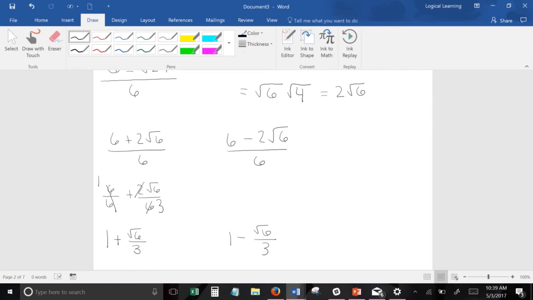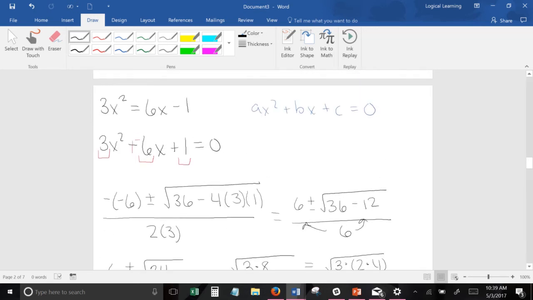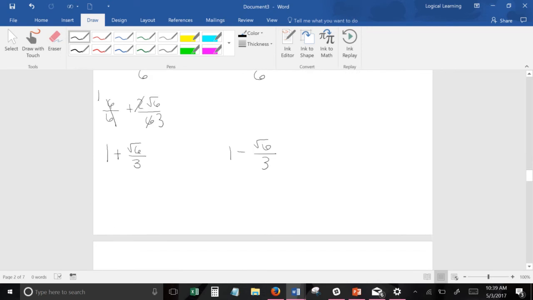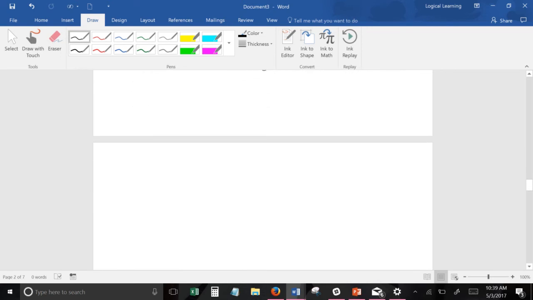Now, when we have complicated solutions like this with square roots and such, we can still check our answer. It's a little bit more difficult, but we can check it, and I'm going to run through it really quickly. So we have 3x squared minus 6x plus 1 is equal to 0, or you can even use the original equation, which is 3x squared equals 6x minus 1.